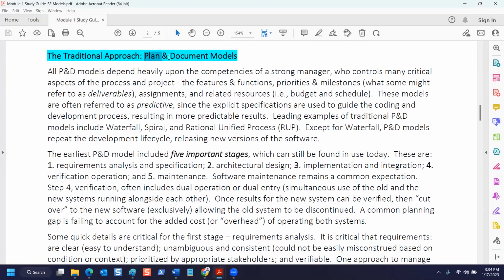So the traditional or legacy models are often referred to as the P&D, or planning and document models. So they would plan to build a huge integrated, multifaceted, enterprise-wide solution that everybody could use. The bookkeepers could use it.